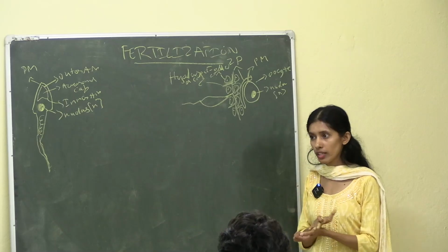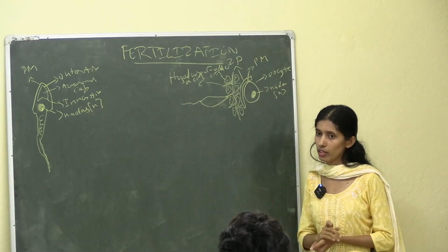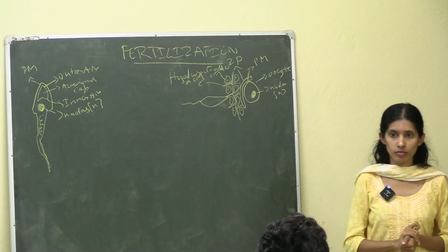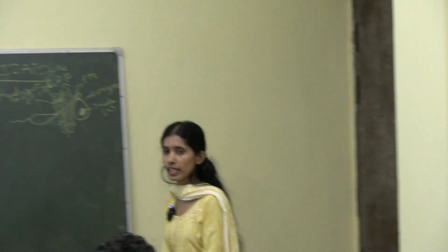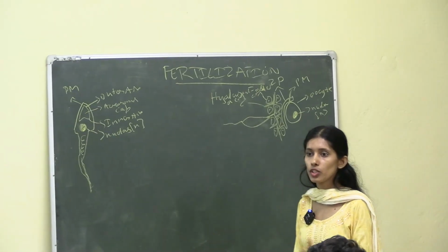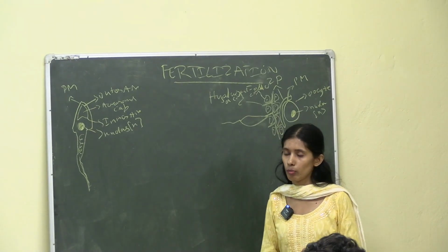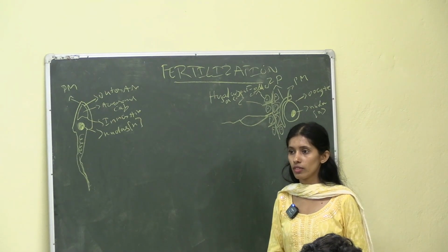The head will pierce the zona pellucida layer. The presence of the acrosome will give negative energy to the other structures present nearby. Any other?